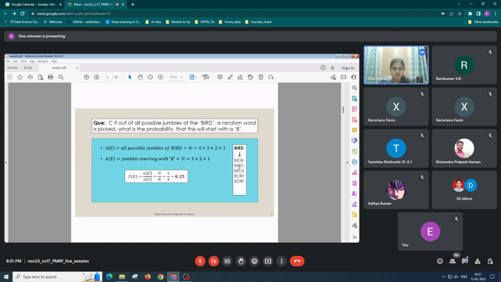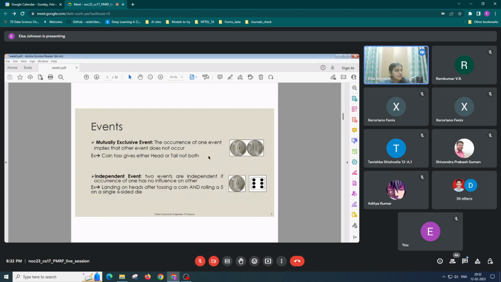So BIRD, BRID, like that many options are there. You are fixing one position, and then the other three positions have the chances of getting filled 3 factorial times. So the number of events will be 3 factorial, and the sample space will be 4 factorial. So 1 by 4. These things are present in your week 3 resources, so you can go through that.